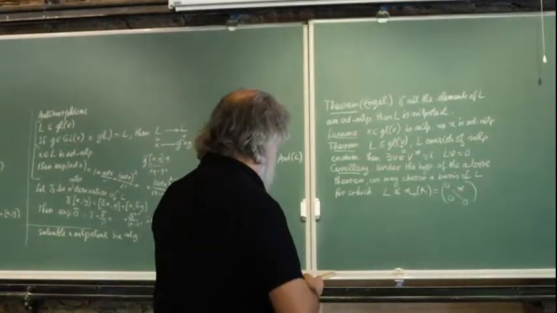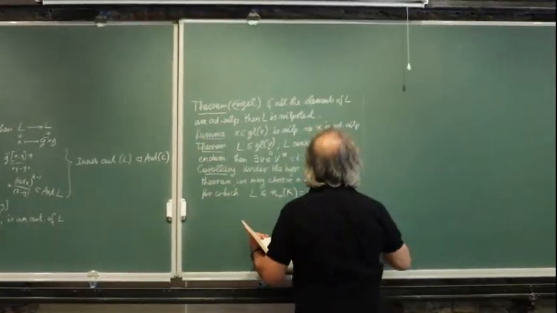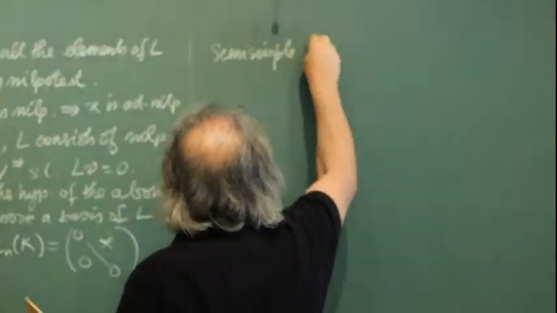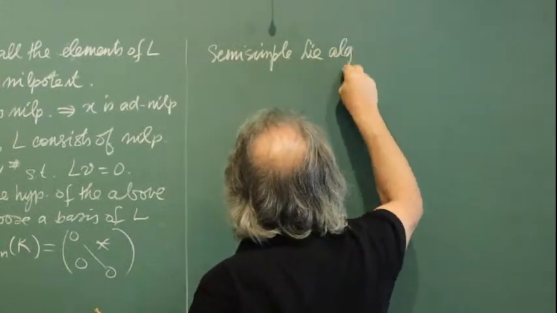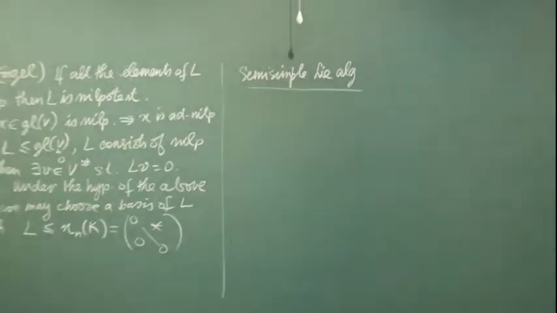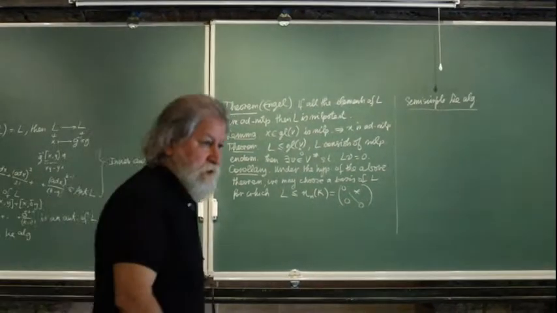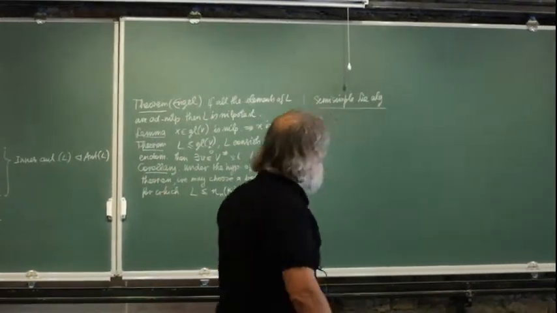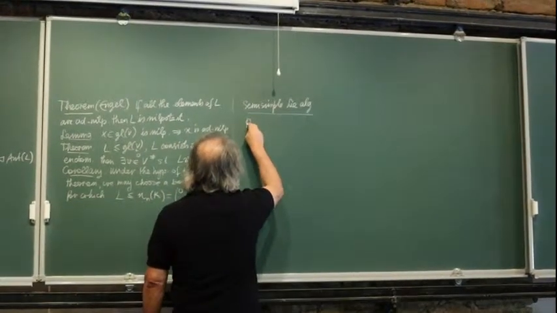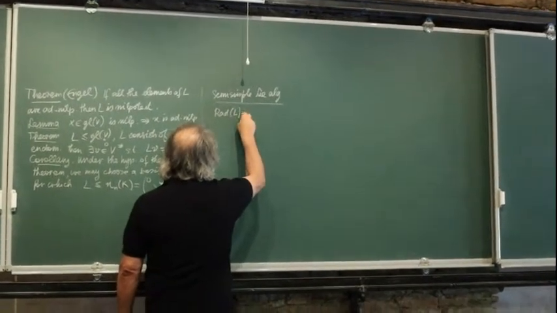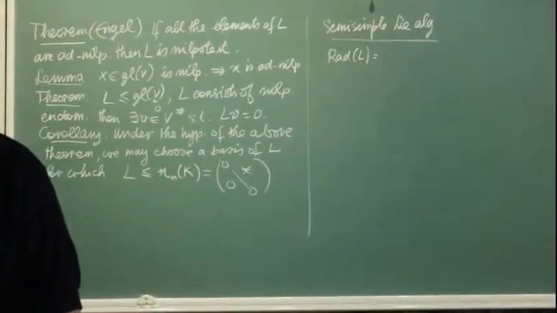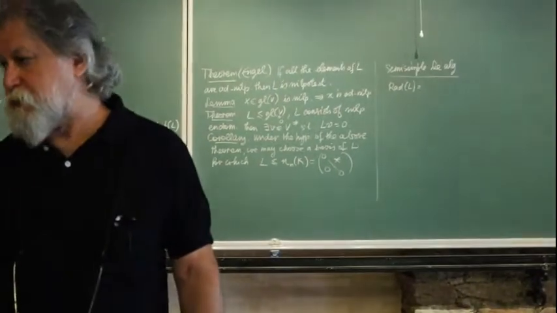Okay, now chapter 2, semi-simple algebras. What does semi-simple mean? It means its solvable radical is zero. The solvable radical is the maximal solvable ideal. Of course there is one, because the sum of two solvable ideals is a solvable ideal.